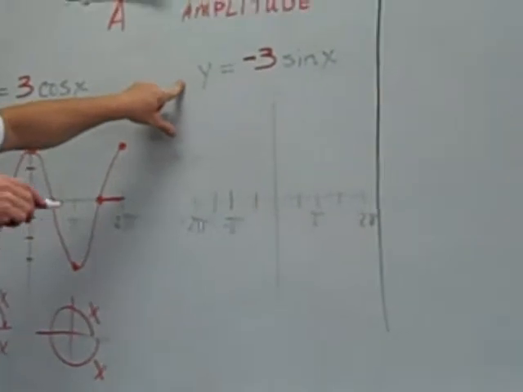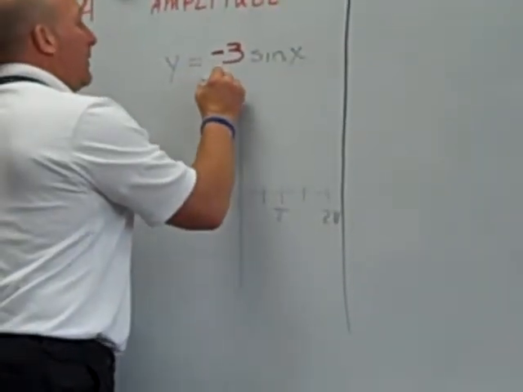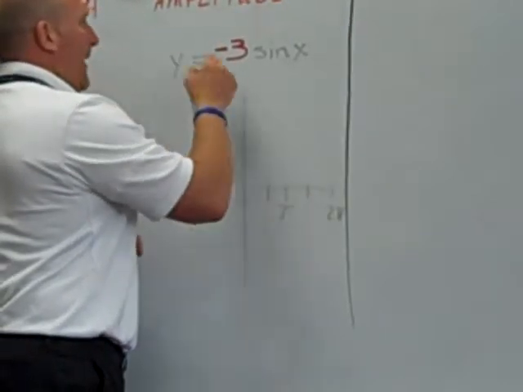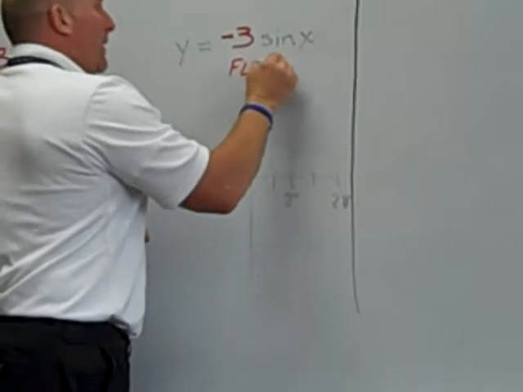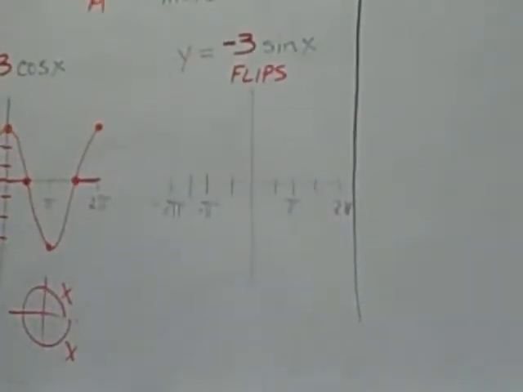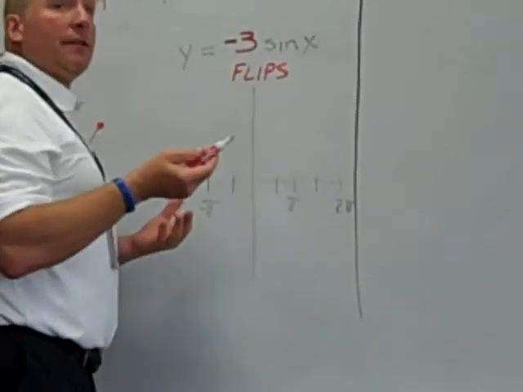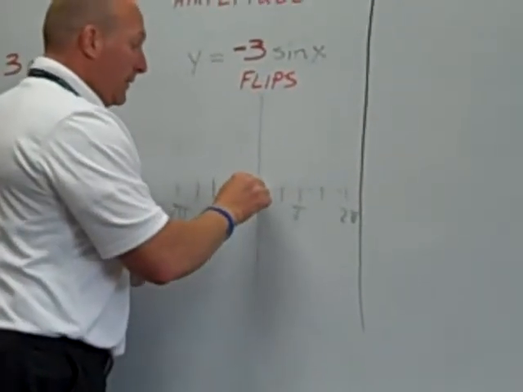Okay? Now, when you see a negative, what is this going to do? What's the term that I use? It flips. So, where do all sine curves start? 0. So the sine of 0 is 0. Anything times 0 is 0.